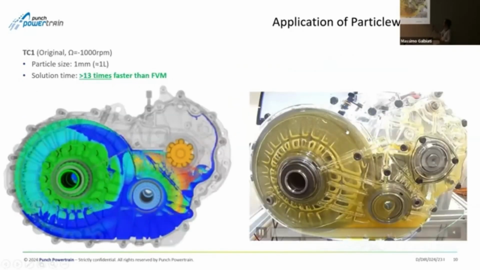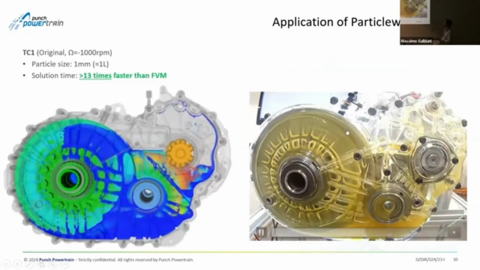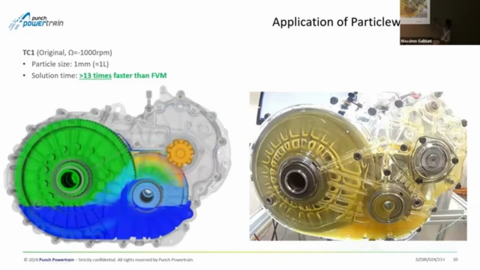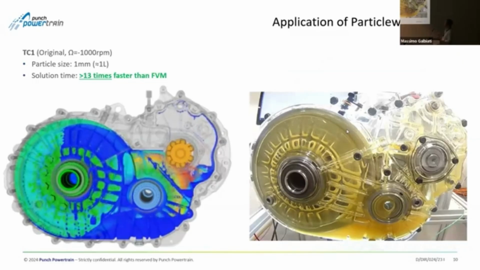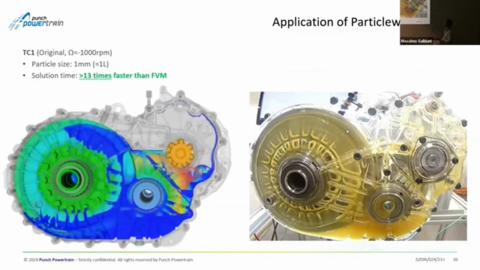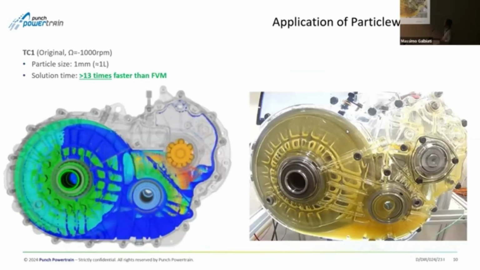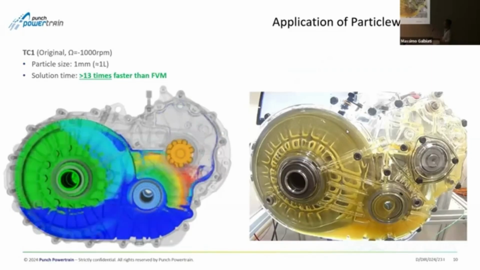I will not go much into the details of the boundary conditions that I just skipped right now. But this is one of the first simulations that I did with the support of the Particleworks team regarding this motor.